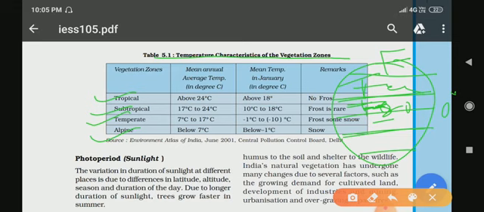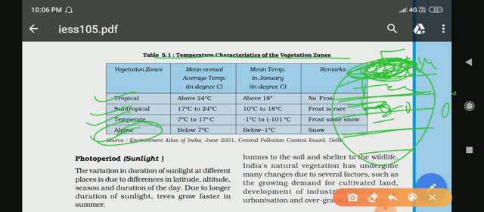In the frigid zone you see the temperature decreases. Always you can see freezing, low temperature in this area.